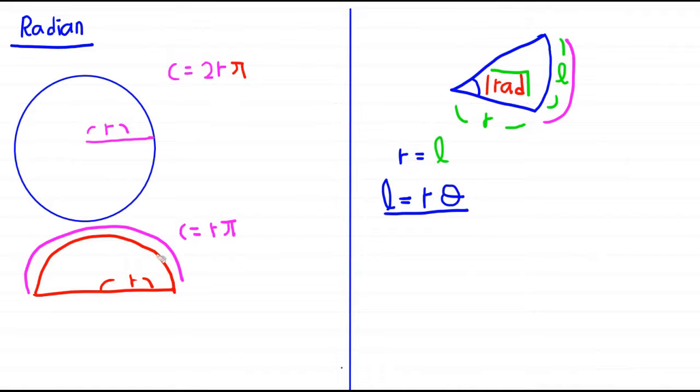Let's say this L in this half of the circle, we can find it by 2 pi r, which is the circumference of the circle, times the center angle over 360, which right over here is 180 degrees. I'll erase this a little bit.